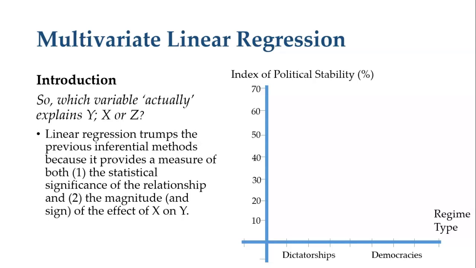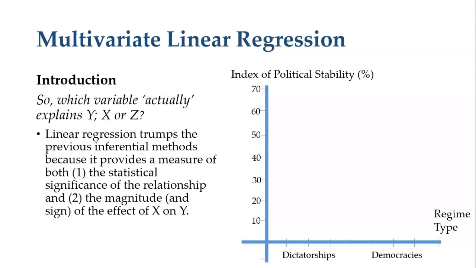So in this case, the question is, which is the variable that actually explains Y? Is it X or is it C? Remember that X is income inequality and C in that context was regime type, right?